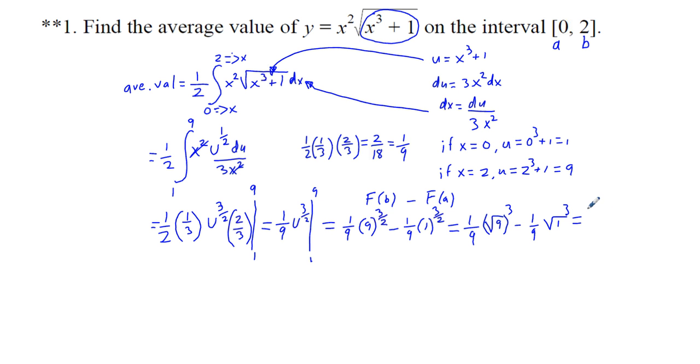So we have 27 ninths, and we have the square root of 1 cubed is 1. So we're going to have minus 1 ninth. And so our answer is going to be 26 ninths. And that's going to be our average value.